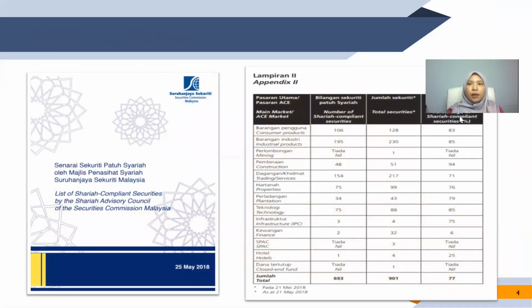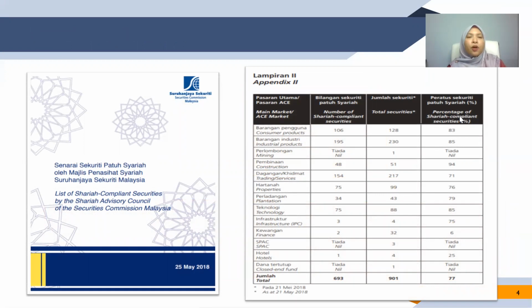Here you can see a list of Shariah compliant securities by SAC of SC. SC will produce this list twice a year. You can see it as at 25 May 2018, and you can also check it by the end of Friday of the month of May and also November in the year.